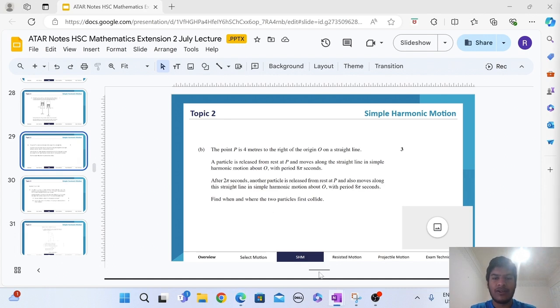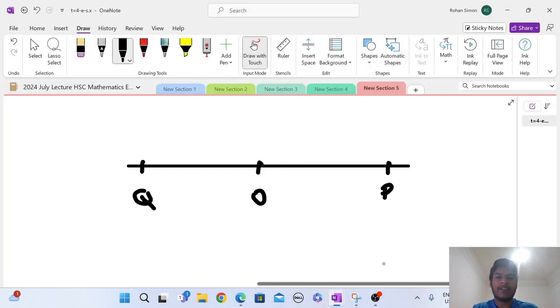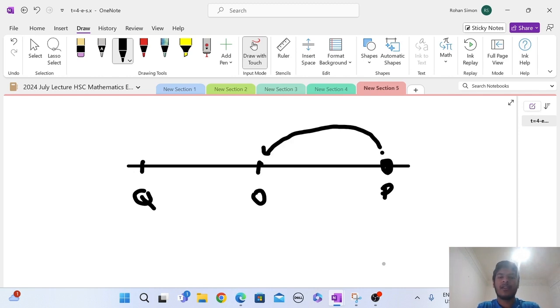Because it's released from rest at P, the particle is here, and it's in simple harmonic motion about point O. That means it's going to take half the time to get here, and then half the time to get here.